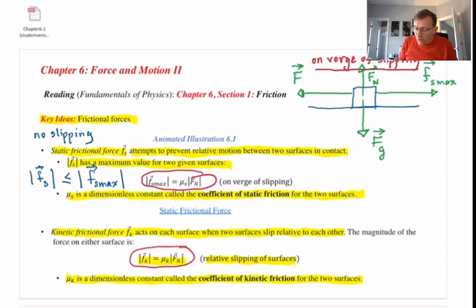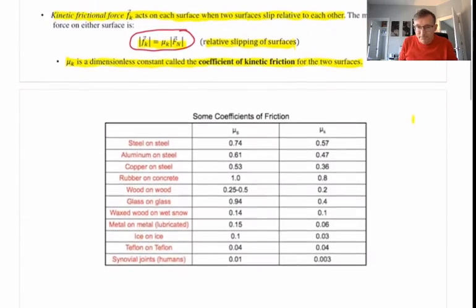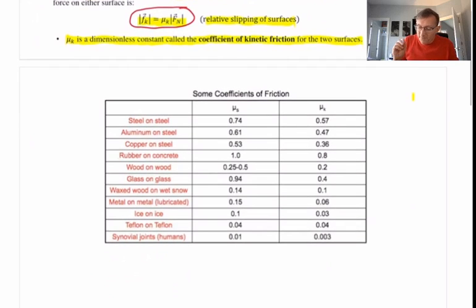Let me just also show you, just for your edification, some values of coefficients of friction for different pairs of materials. It's always talking about two materials in contact. There's one column that has the coefficient of static friction, mu sub s, and another column that has the coefficient of kinetic friction, mu sub k. No units, because both of these coefficients are dimensionless. Then, in the first column, you just have a whole bunch of listings of one material on another.